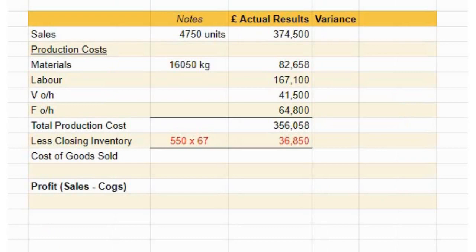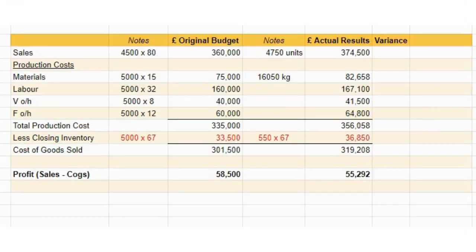And so I've entered the 550 units times £67 per unit, which gives a value of closing inventory of £36,850, and that gives a value of the cost of goods sold or the cost of sales of £319,208. So we'll work out the actual profit now, and there we can see the actual profit of £55,292.